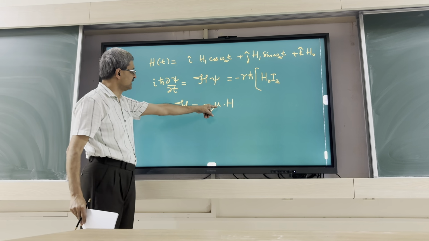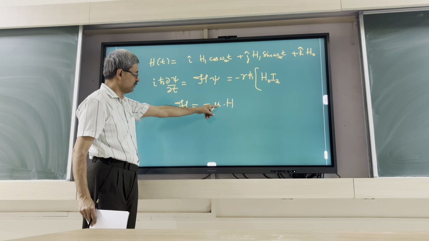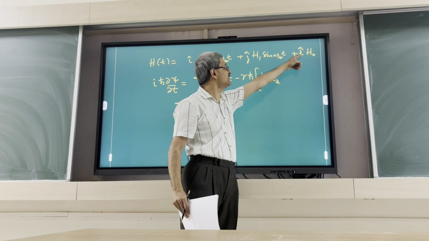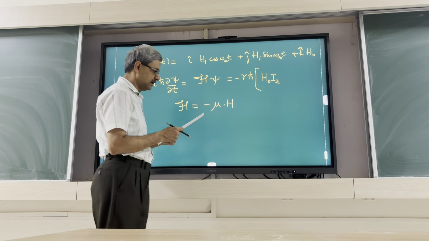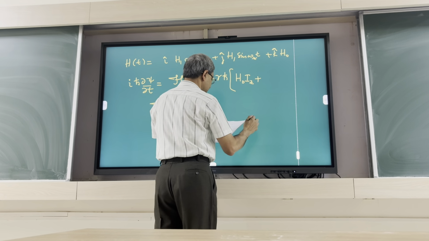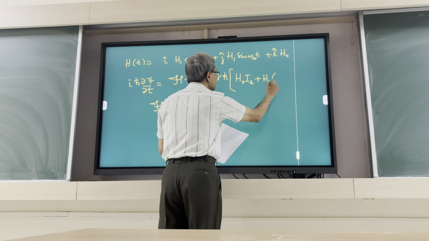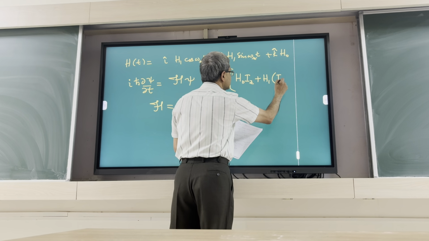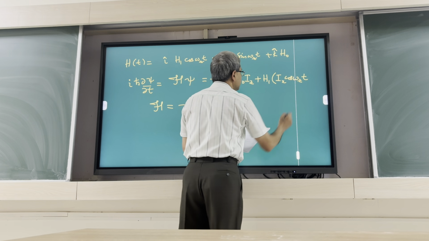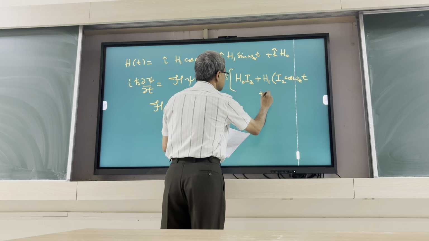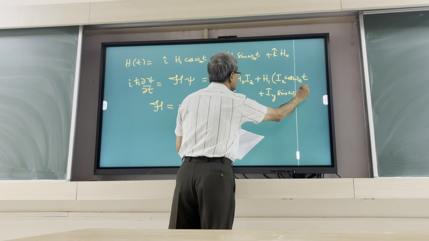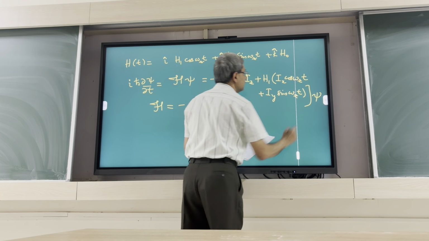So you have a z component of the moment operator that will have an Iz, and the dot product with the field gives h naught Iz, and then the other one you'll get h1, and then you have Ix cos omega z t plus Iy sin omega z t, acting on the wave function.